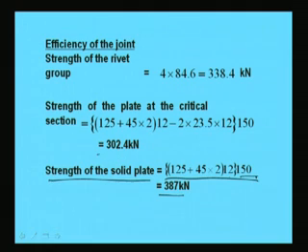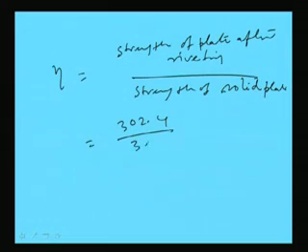This is the minimum strength coming out of these two, and strength of the solid plate is 387. So, by 387, this is becoming 0.7814.